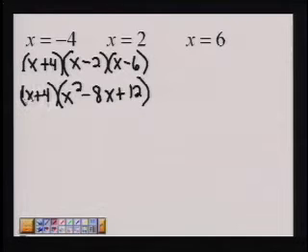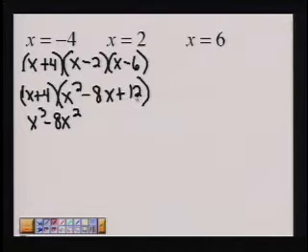Now I have to multiply the x plus 4 times this new trinomial. So I'll take each term in the first parentheses and multiply it by each term in the second. So I start with x times x squared. That's x cubed. X times -8x is minus 8x squared.